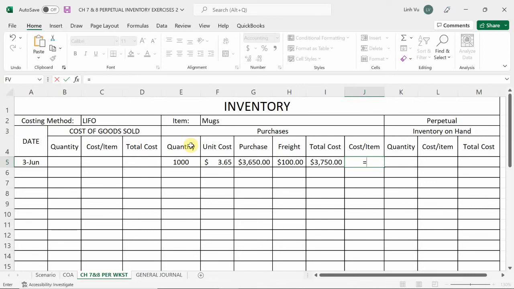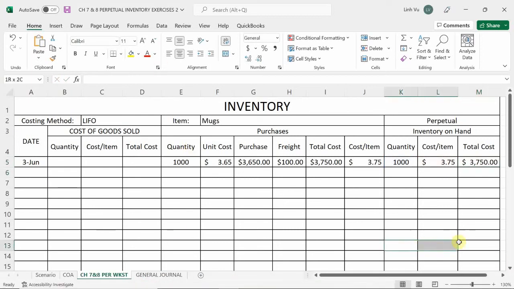So in this case, my batch is going to be $3.75 per unit. I'm going to carry it over into my inventory on hand. Now I have a total of 1,000 units.